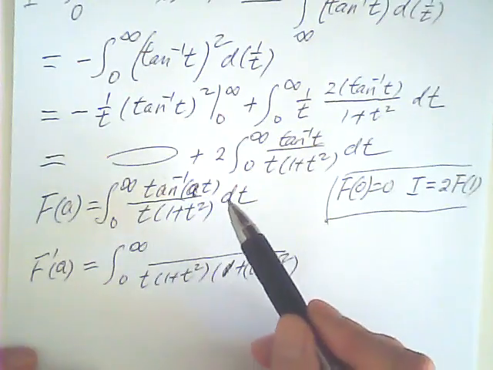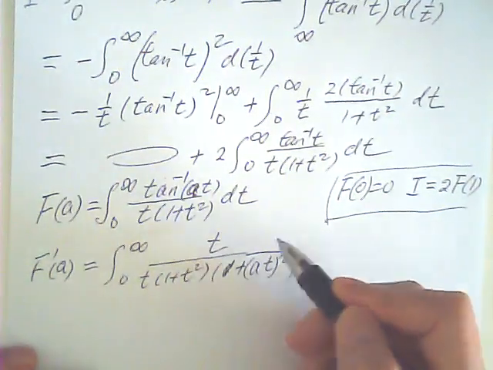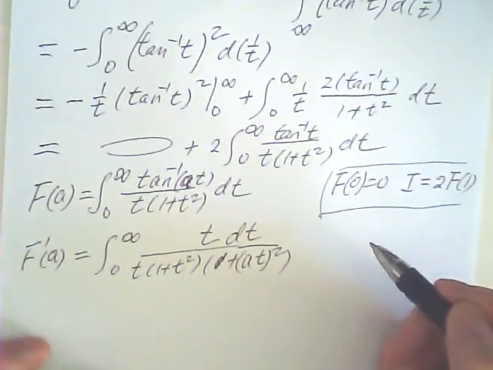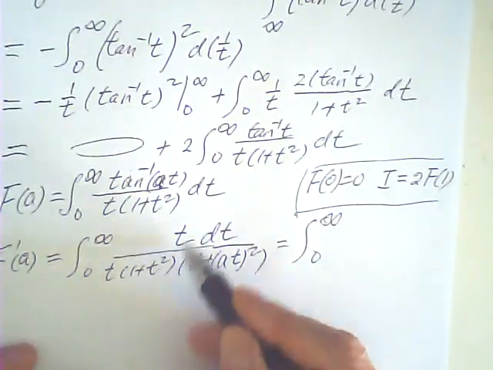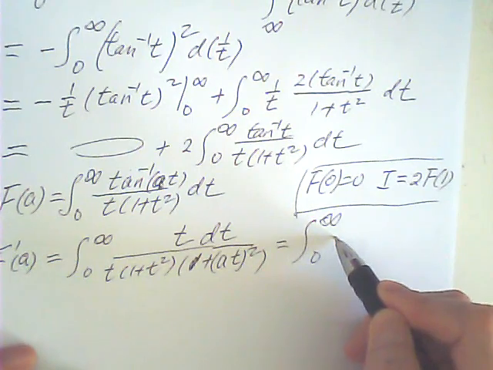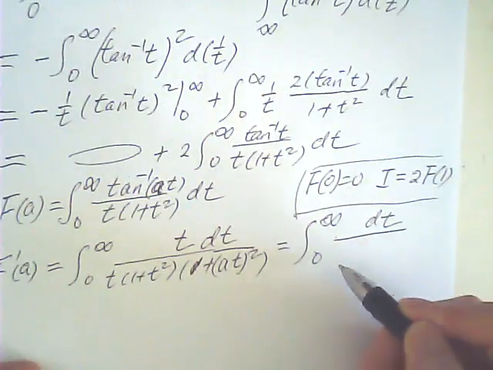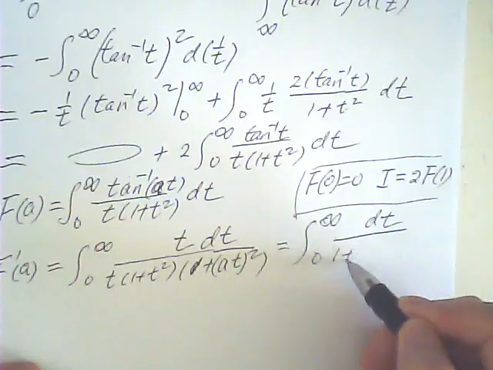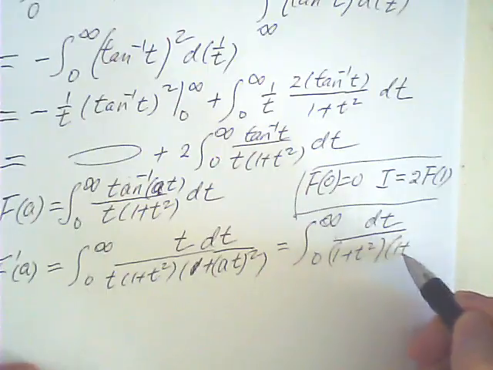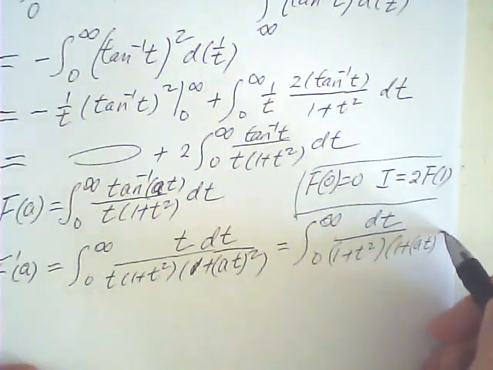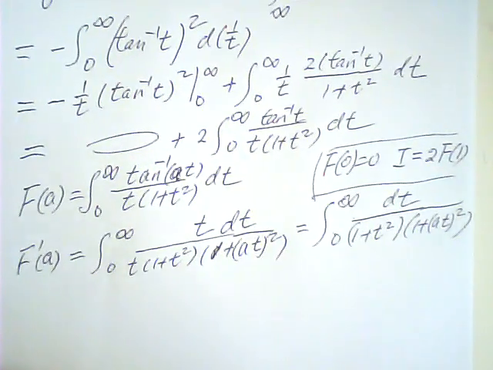Then the chain rule times the derivative of at with respect to a, so there's a t, dt. So this is simplified into, canceling t, this will be dt over 1 plus t squared times 1 plus a squared t squared. Okay, good.